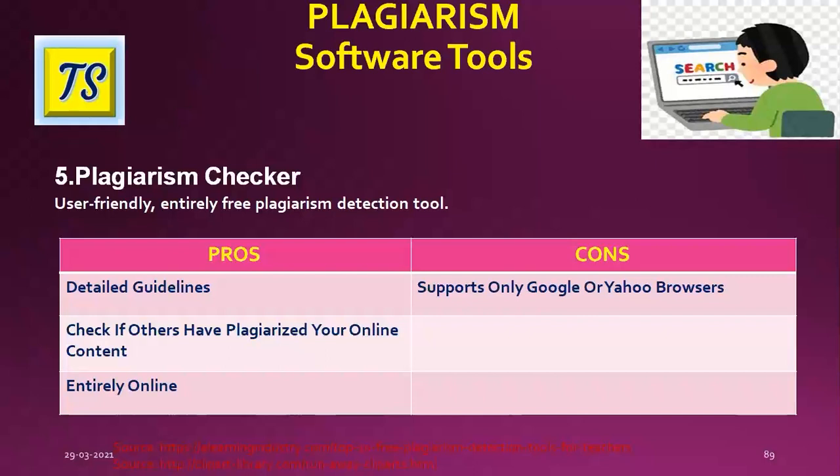If anything is copied by some other person in some other location, it helps you trace the plagiarism. This feature is provided by this package. It supports only Google or Yahoo. Other browsers, like Edge or Bing or any other popular ones, are not supported. Currently only the two browsers, Google or Yahoo, are supported.